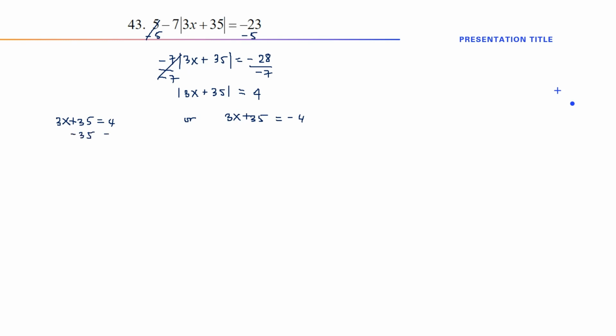Minus 35 both sides. 3x equal negative 31. Divide both sides by 3. x equal negative 31 over 3.